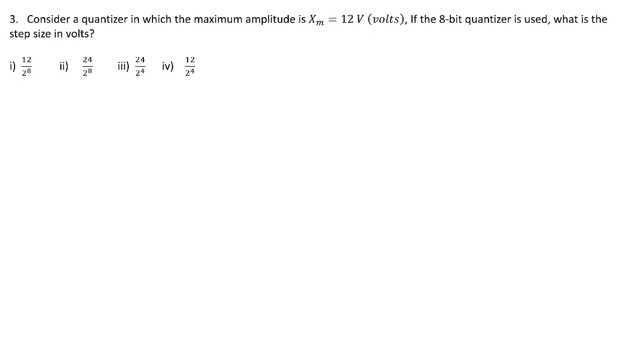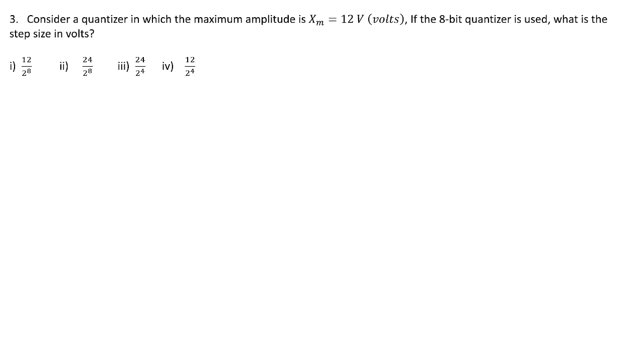Here we are going to use the same concept that has been discussed in the previous problems to solve. We are told a quantizer has a maximum amplitude of 12 volts, and the question is, if an 8-bit quantizer is used, what is the step size in volts.